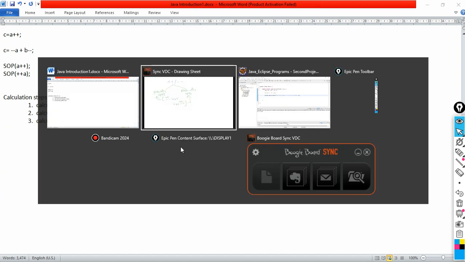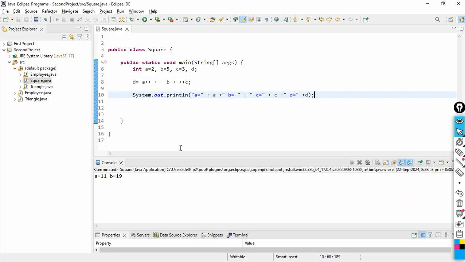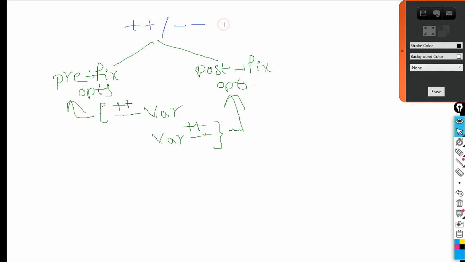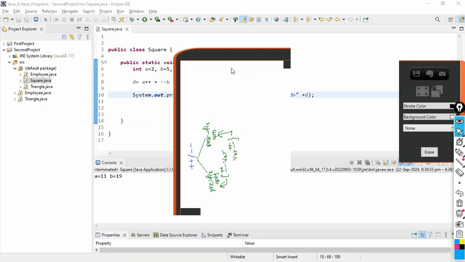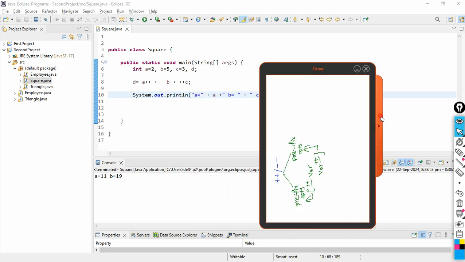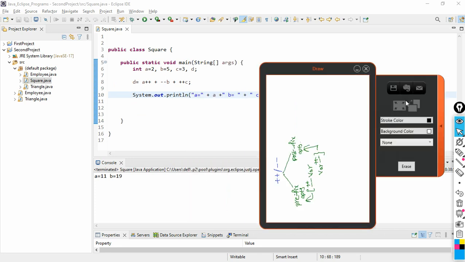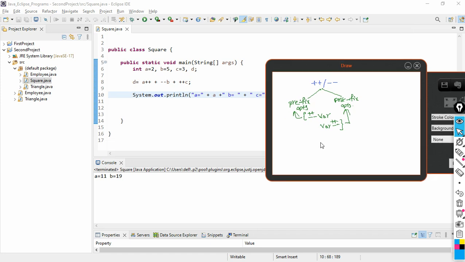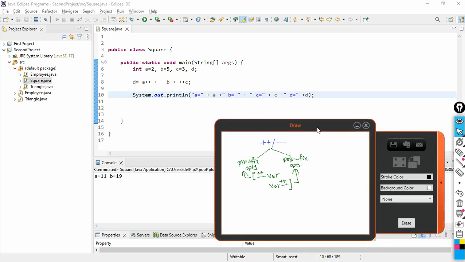So let us see how I can get that. If I minimize this one, this is how you are going to get it. Can I change the direction? Oh, I never did that direction. Okay, fine. Let us see what output you are going to get now.